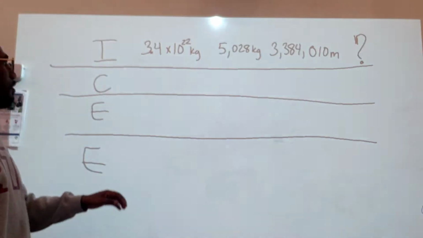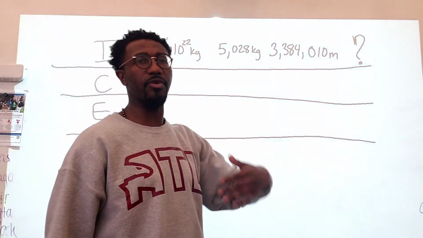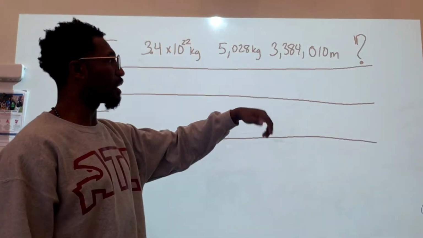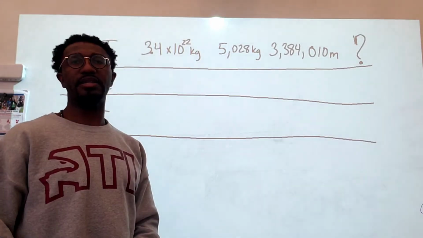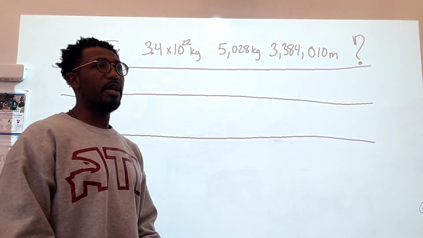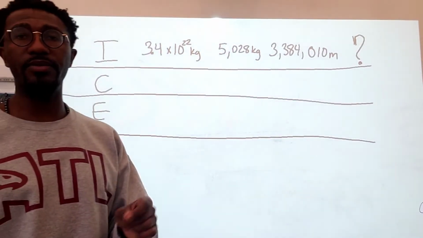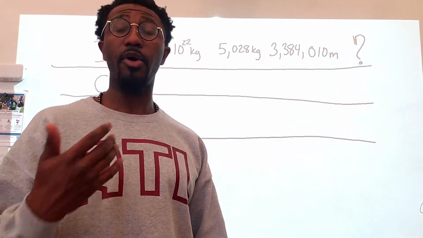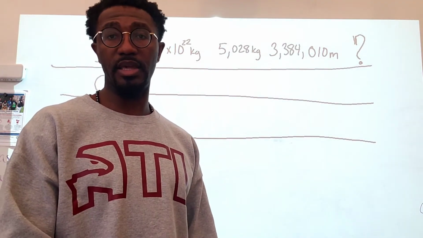Now we're ready to move on to the categorize step. So after you've written down every measurement from the problem and your question mark, you're going to categorize everything up here as a variable, okay? So when we do that, it's important to read the problem, because the problem oftentimes tells you exactly what that measurement is.